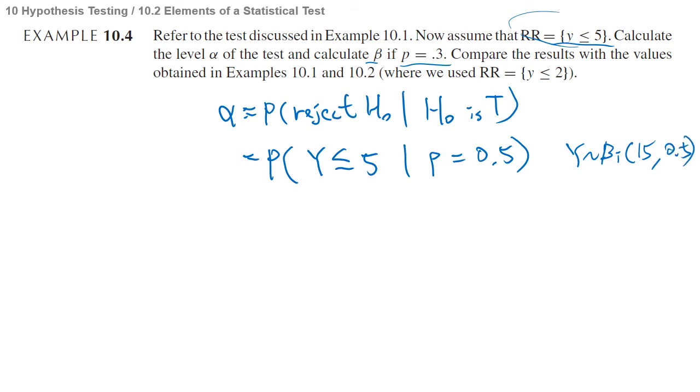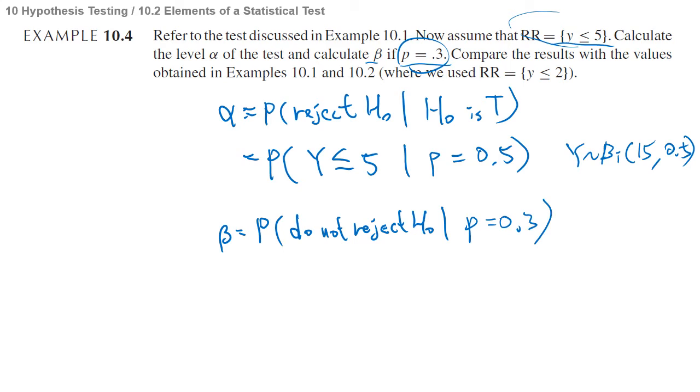And the other question to solve is to calculate beta, and beta is by definition the probability of not rejecting the null given the alternative is true, and in here assuming p is 0.3.